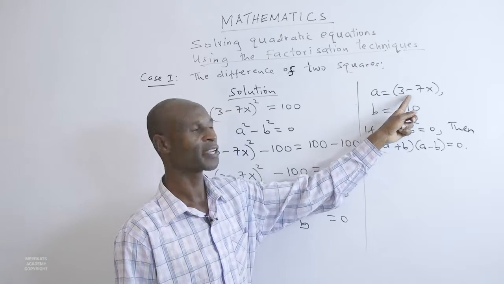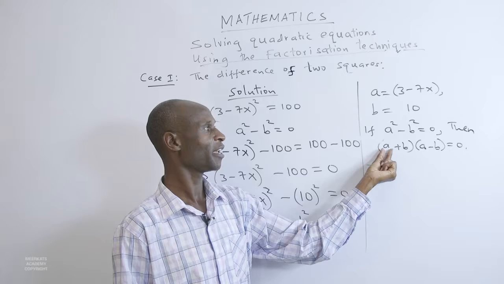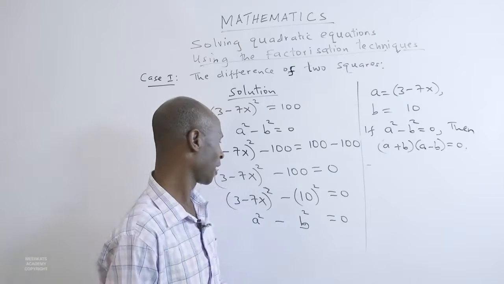So we have said a is 3 minus 7x. So where there is a, we substitute with 3 minus 7x.